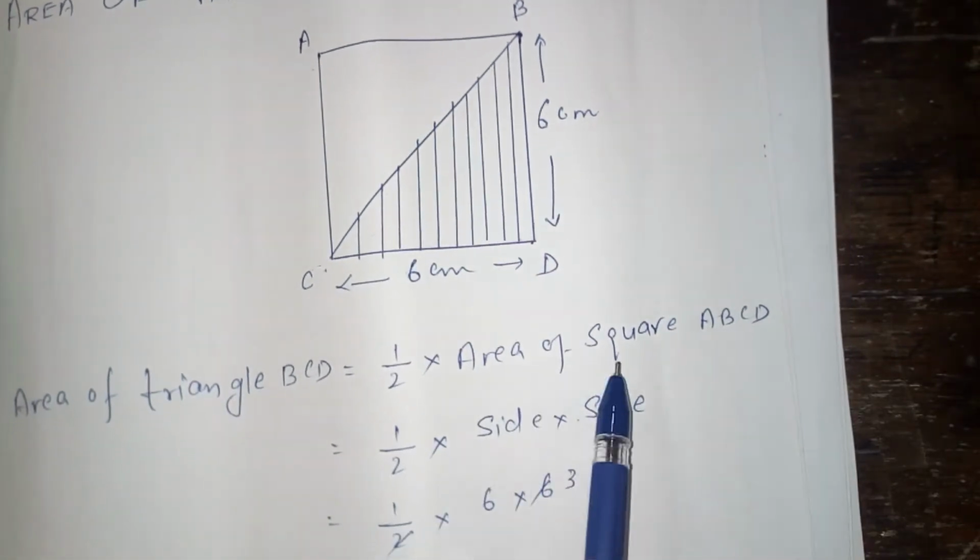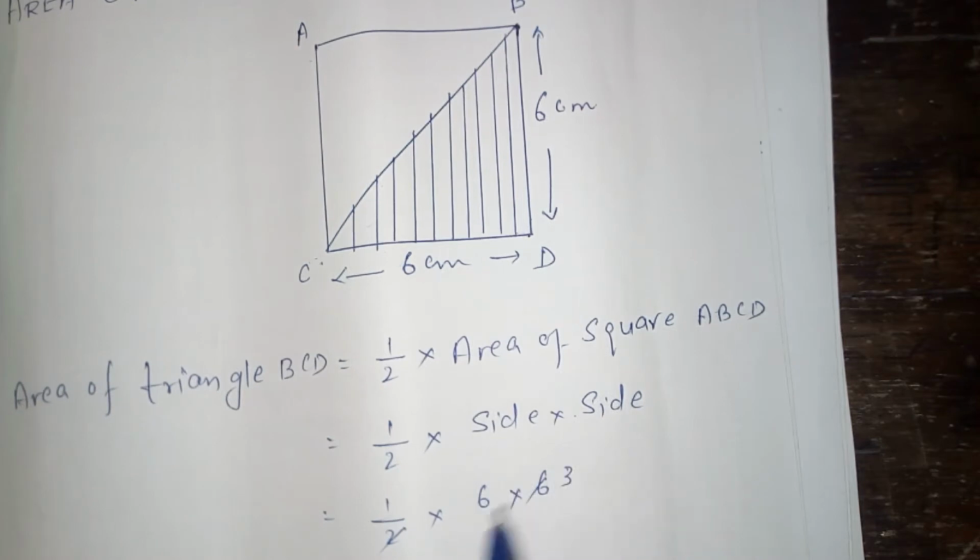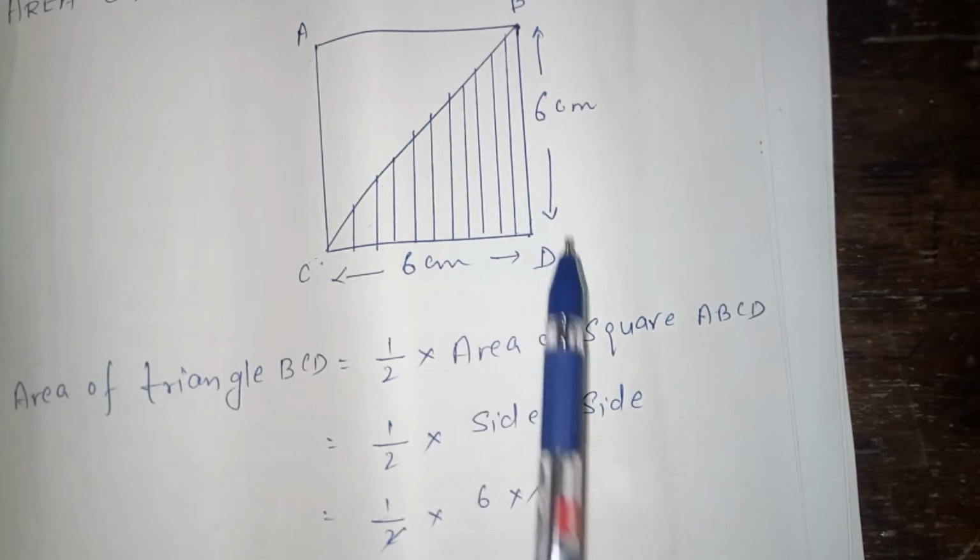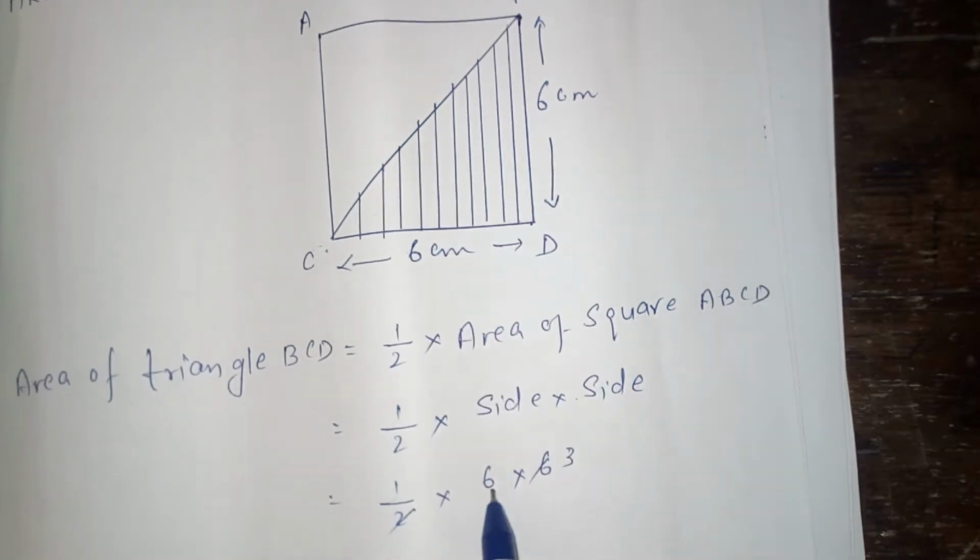You know very well, the area of a square is side into side. Now in the square each side is 6 centimeter. So half into 6 into 6.